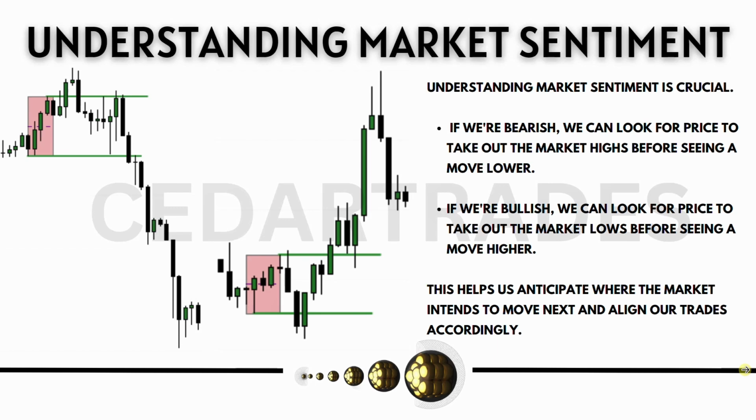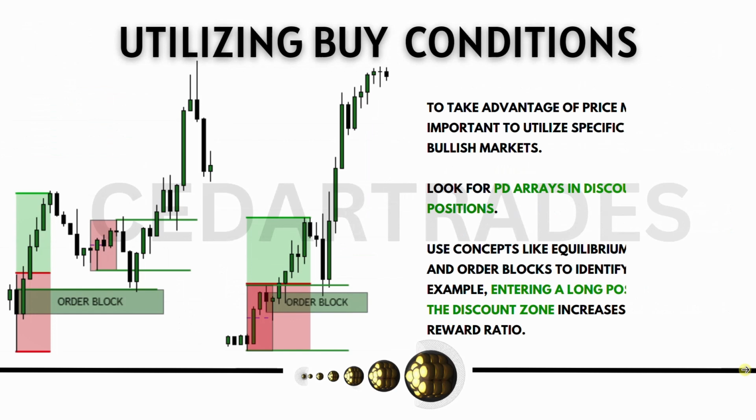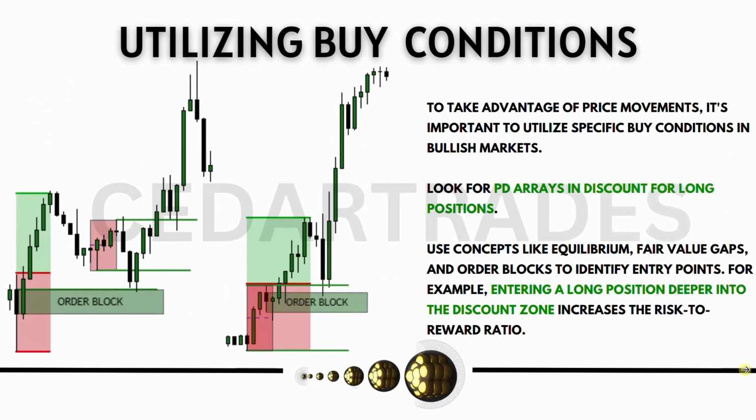Or you can say, I want to see it break above the Asian high so I can look for a London move or a New York move lower to the Asian lows and the other liquidity pools that will be left in the marketplace. Here we have buying conditions and selling conditions.